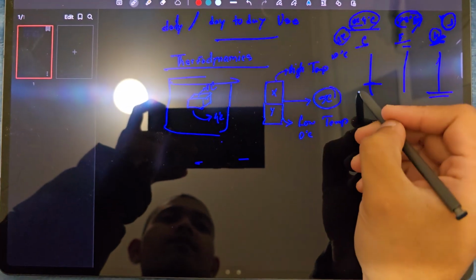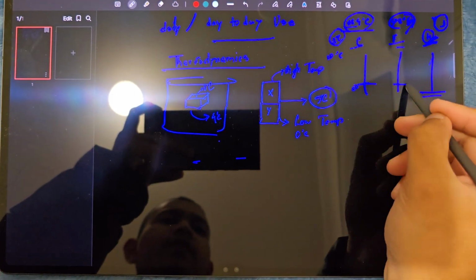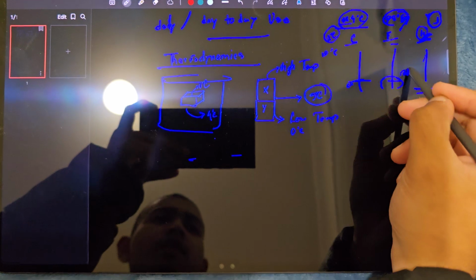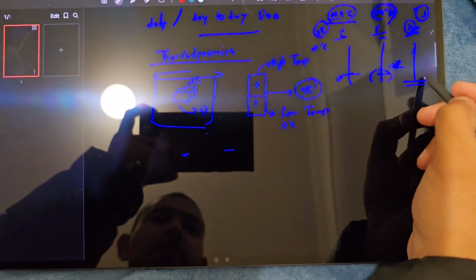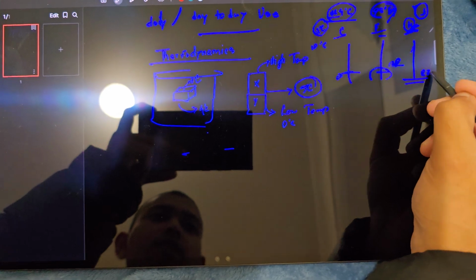And say 0 degrees Celsius: in Fahrenheit it's not 0, it's 32. But on the Kelvin scale, it's 273.